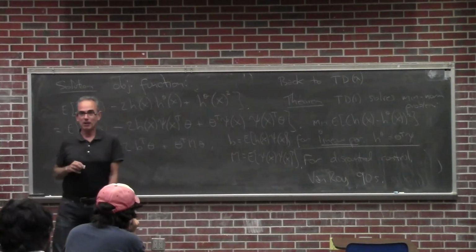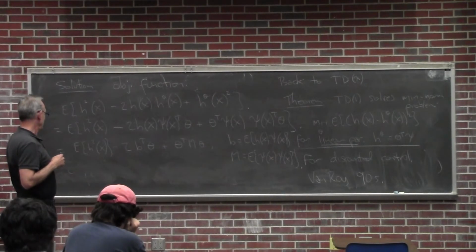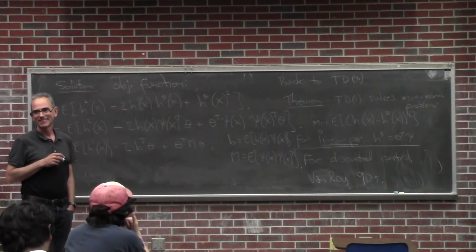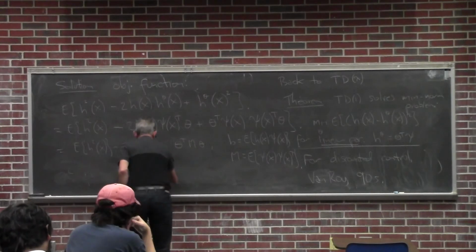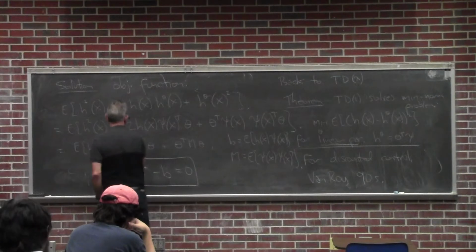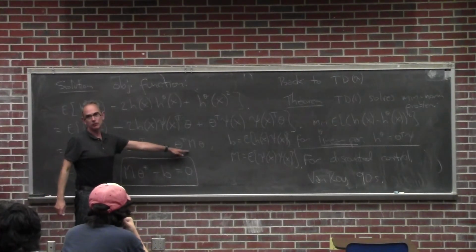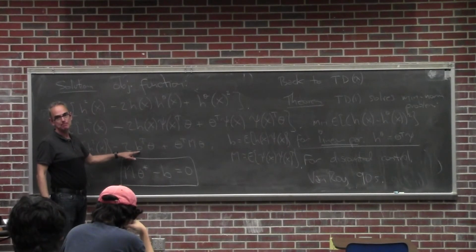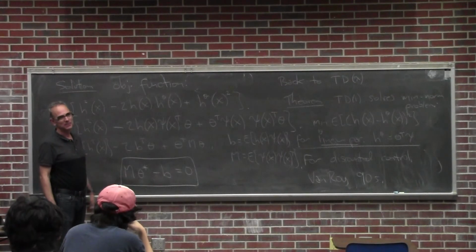Yes, and as was cleverly pointed out, we take the gradient, set it equal to 0, and we get theta equals M inverse B. So you take the gradient with respect to theta, you get 2M theta. You take the gradient with respect to theta, you get 2B. And so I just divided by 2 to get this answer. All right. That's the minimum.